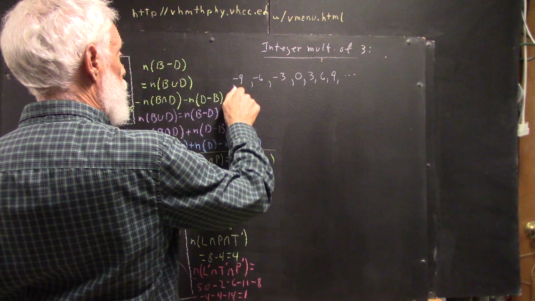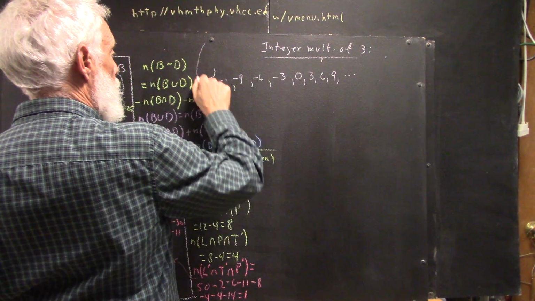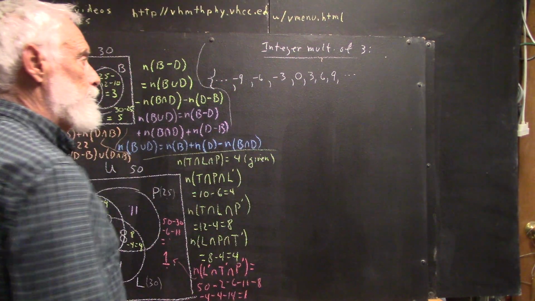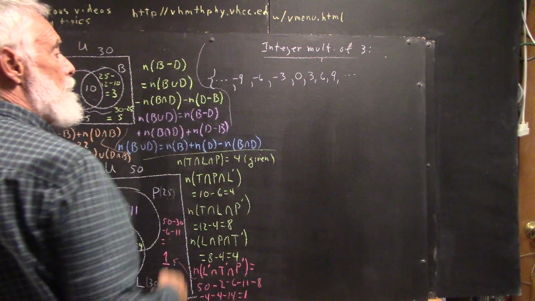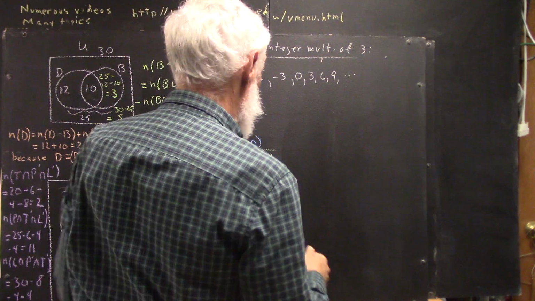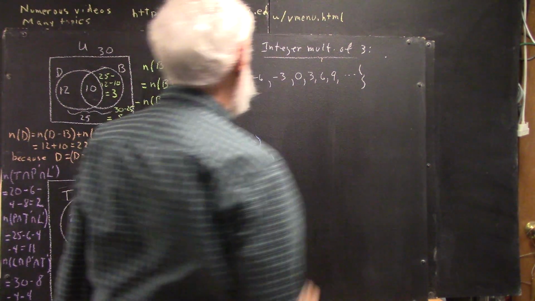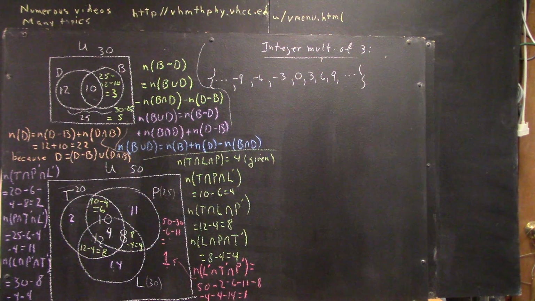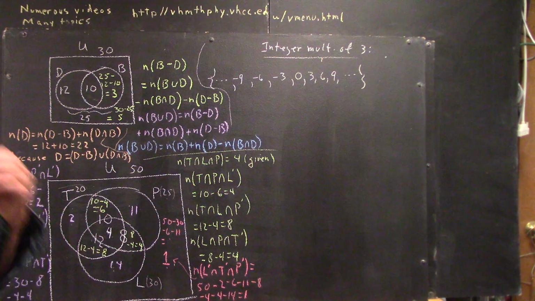So we can denote this set using dots as this continues on this way. We get -12, -15, the negatives of all the numbers we get here. We have to include 0, and then all these numbers. And there is a reasonable representation of the set of integer multiples of 3.